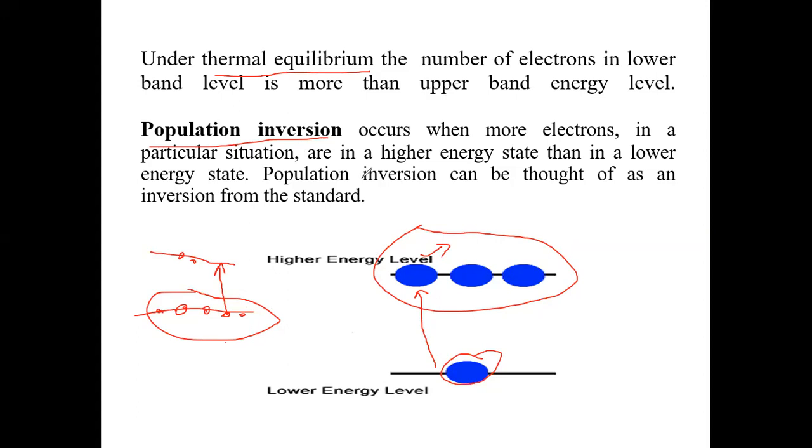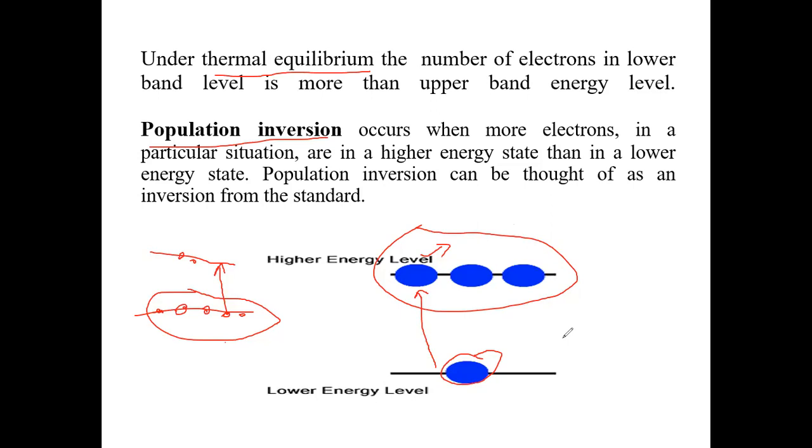Laser also works on population inversion because laser का full form क्या है? Light amplification by stimulated emission of radiation. So there also we are using stimulated emission, and population inversion takes place. I'll ask this question: what is population inversion?